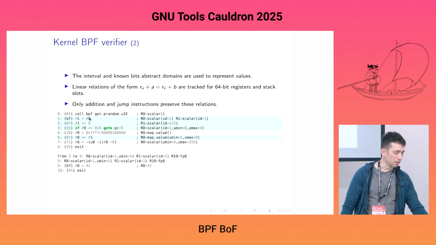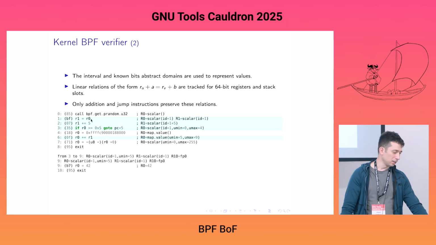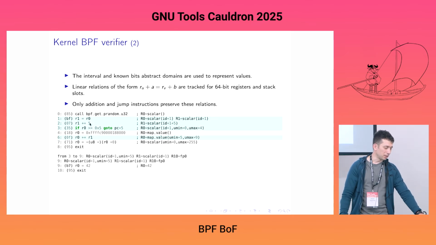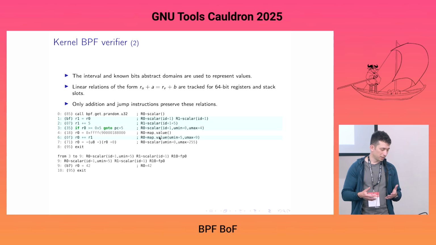In this example, on instruction number 1, we have R0 assigned to R1, and at this point the verifier assigns the same ID to track that these registers represent the same value. Then a constant is added to R1, and it knows that R1 is actually R0 plus 5. But this relation is easily broken.